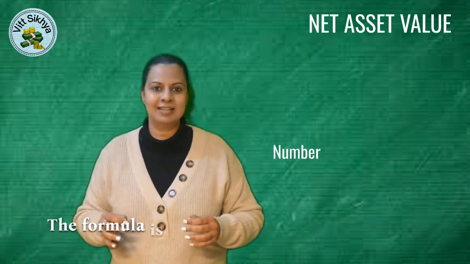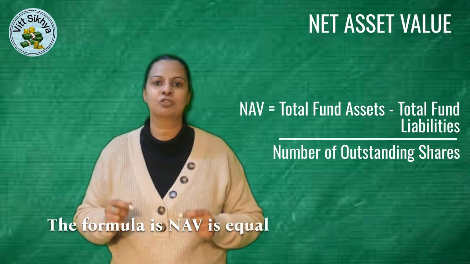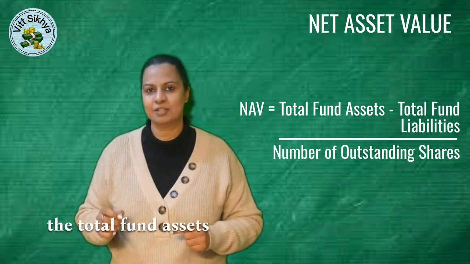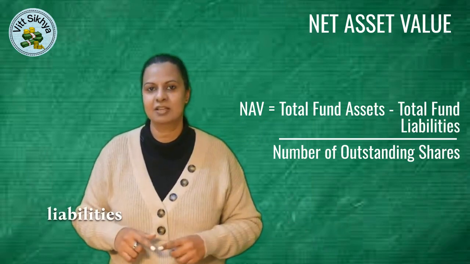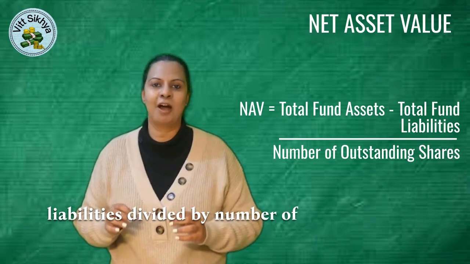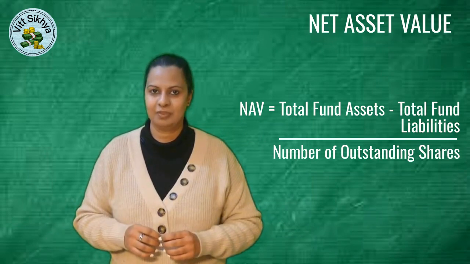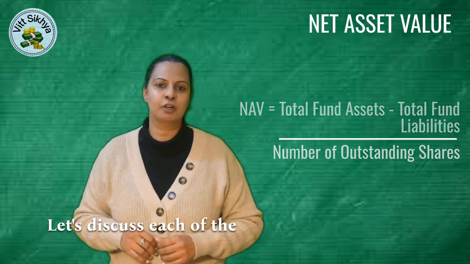The formula is NAV is equal to the total fund assets minus total fund liabilities divided by number of outstanding shares. Let's discuss each of the components in detail.